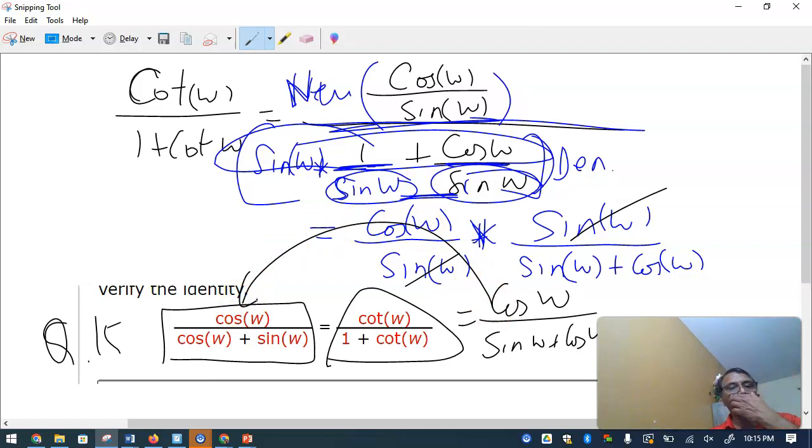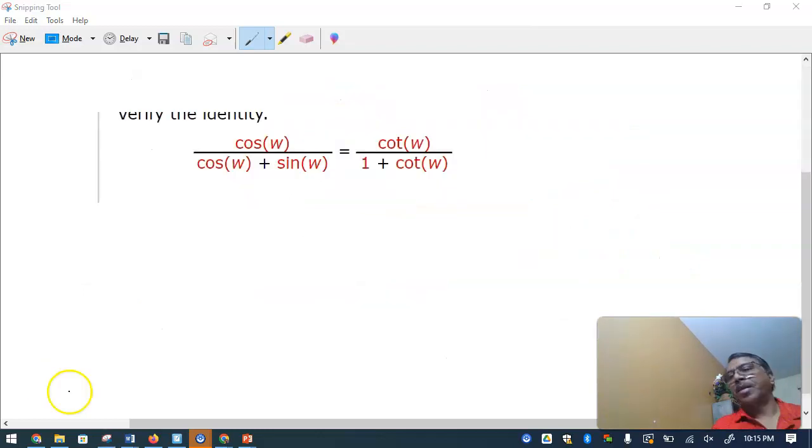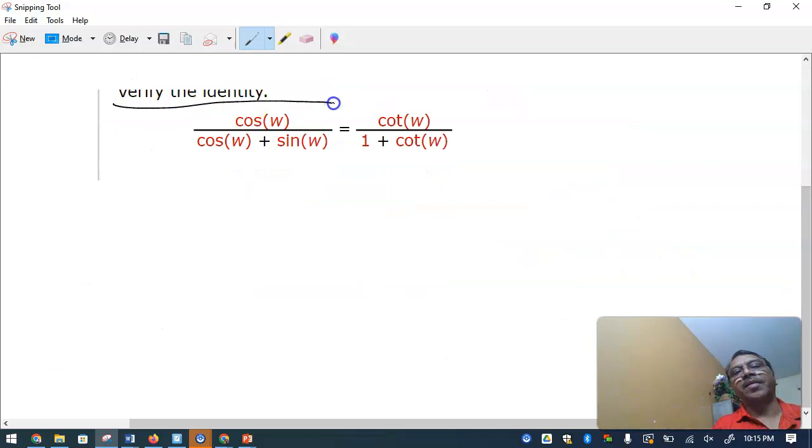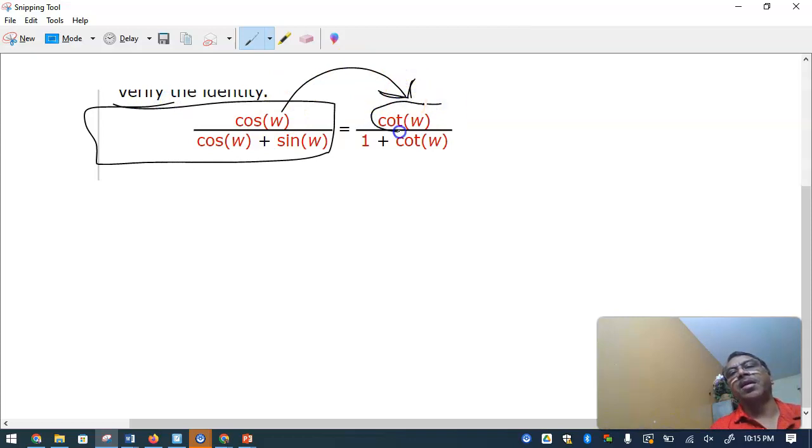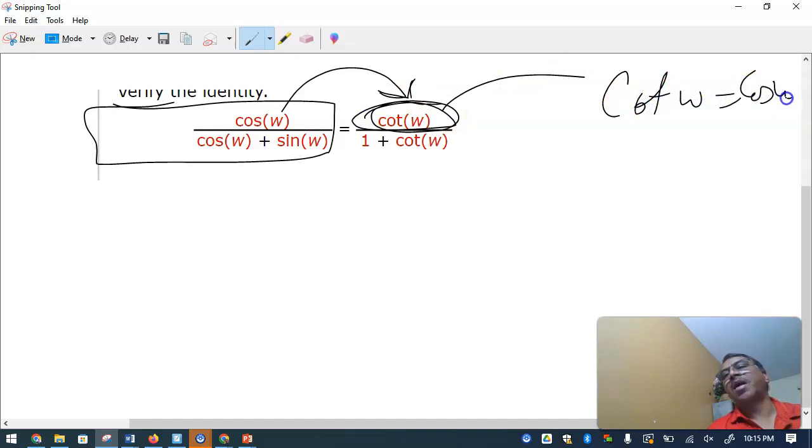But the question is, is there another easy way to do this? That's the very easiest way to do it, I'll show. Now let me take this off. The easy way is to start with the left side. Look at this, it becomes so easy. If you want to get from left to right, and the right side is a cotangent. You know, cotangent is cosine over sine.